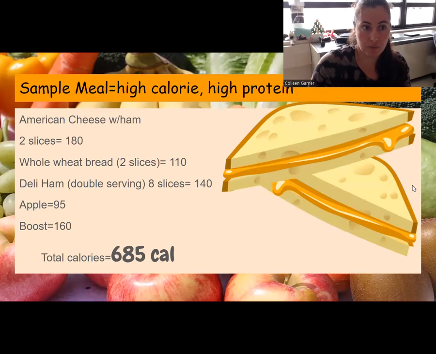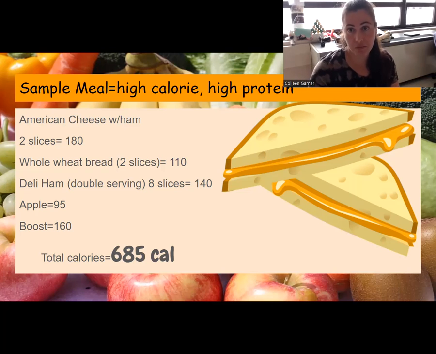Whole wheat bread for 2 slices for 110 calories. And then a double serving of deli ham for 140 calories, an apple, and then a boost. Those are the supplements that we were talking about. So for a total of one meal, we've got 685 calories. And that is something that I would eat and be very happy with.